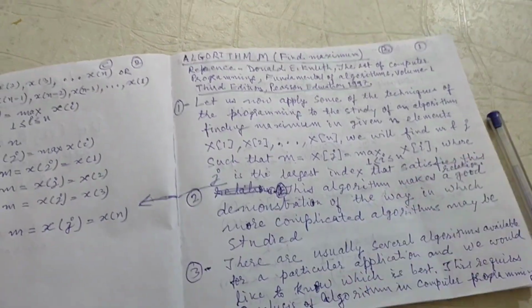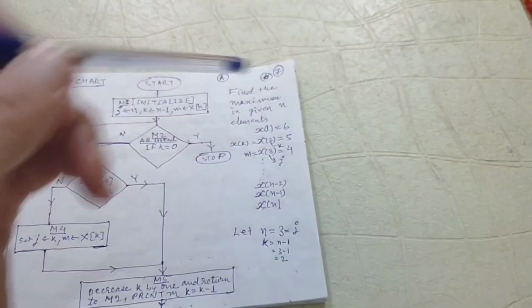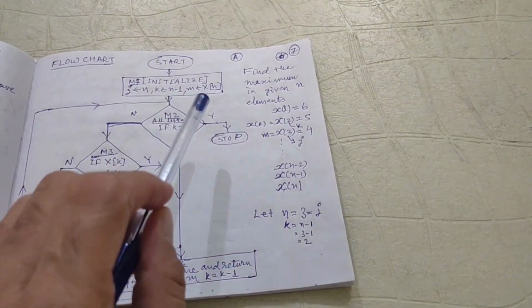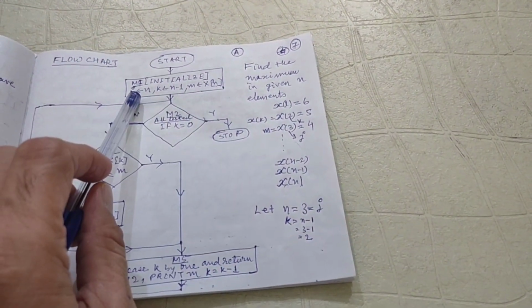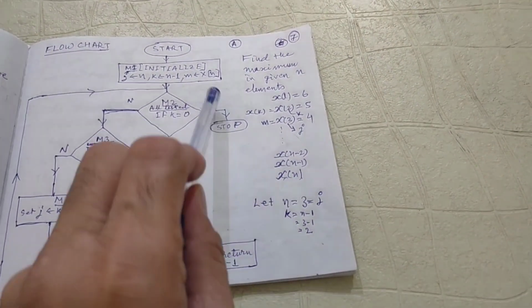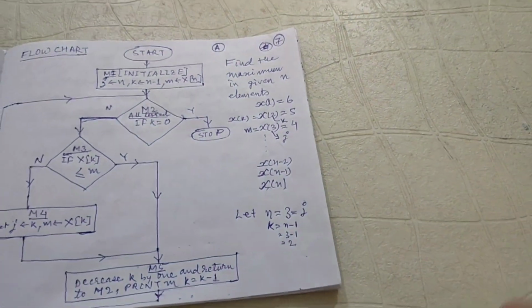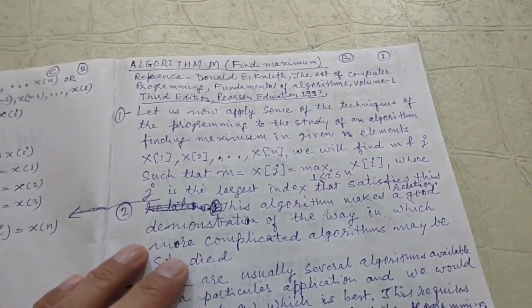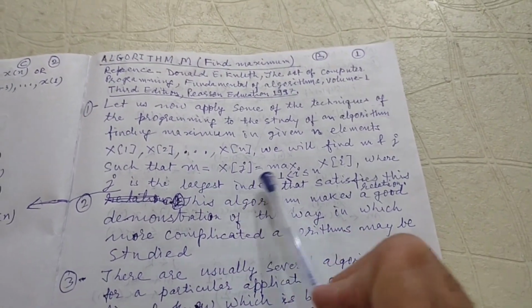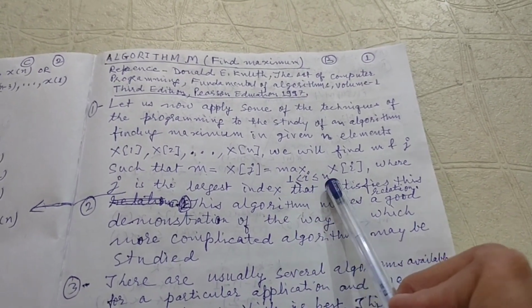In this flowchart, we find m and j. j is the n and m is the xn that we find in this flowchart. Now m is equal to xj is equal to the maximum of xi for i from 1 to n.